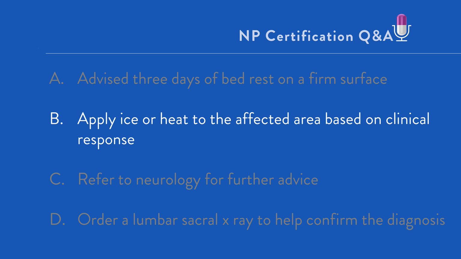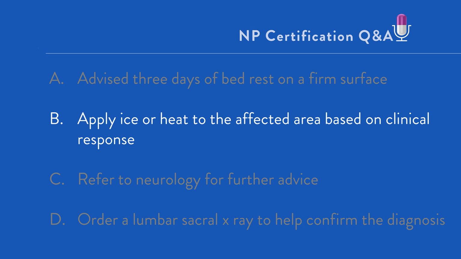D, order lumbar sacral x-rays to help confirm the diagnosis. This is also incorrect. X-ray imaging in the lumbar sacral region is not indicated in the diagnosis of LS strain. Although you'll see it often done, it isn't best evidence. By best evidence, the findings on back x-rays in the absence of trauma from a fall or the like are unlikely to contribute to the diagnosis or the treatment plan.